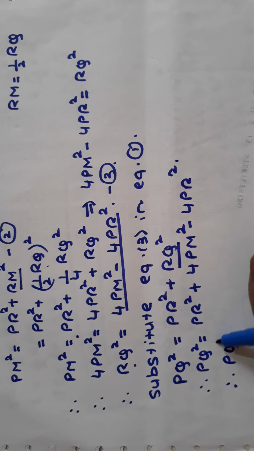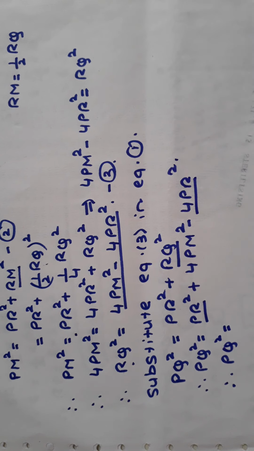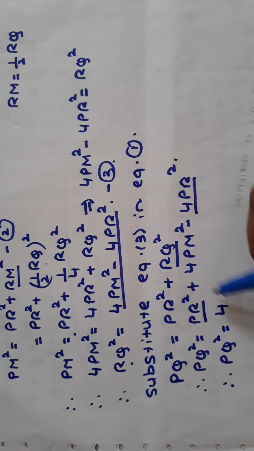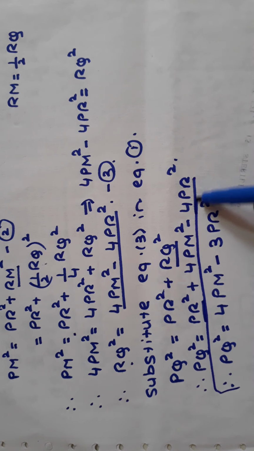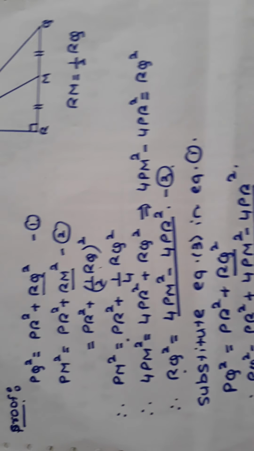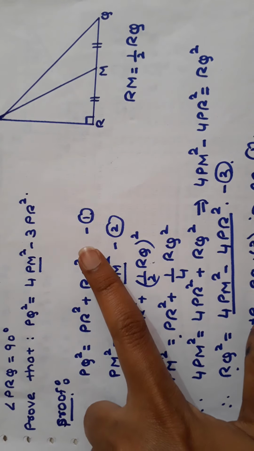Therefore, PQ square is equal to PR square minus 4 PR square, which are like terms. PR square minus 4 PR square is minus 3 PR square. And this is the result we needed. PQ square is equal to 4 PM square minus 3 PR square.